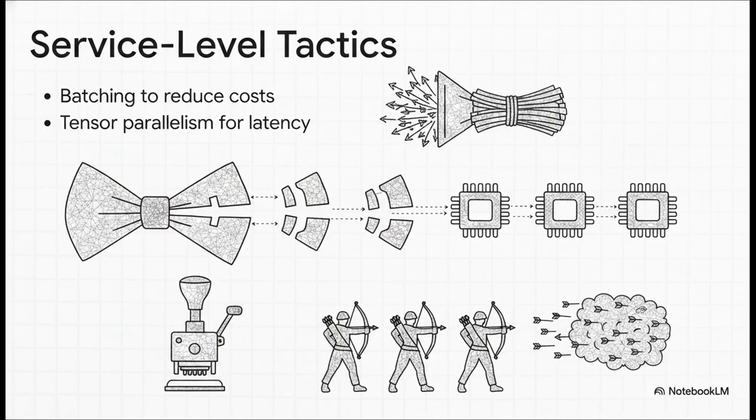They also decouple the prefill and decode phases, basically processing that heavy initial prompt completely separately from the sequential token generation. And to scale up, they rely on tensor parallelism, which splits the computation of a single model across multiple GPUs to reduce latency and serve larger models. That's alongside replica parallelism to handle higher traffic. These techniques aren't modifying the models themselves, they're just perfectly orchestrating how the hardware resources are allocated.